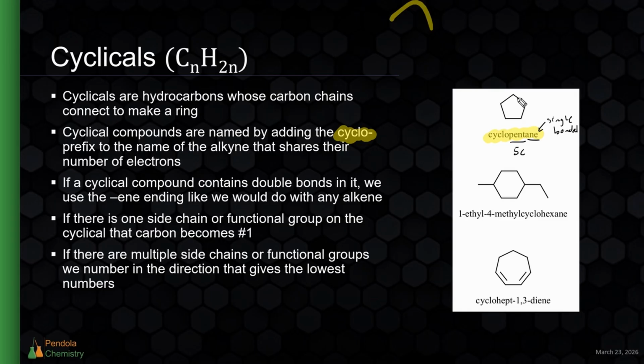So cyclopentane is just a 5 carbon ring. And cyclicals are kind of fun in the sense that if it's pentane, it's going to be in the shape of a pentagon. If it's cyclohexane, it's going to be in the shape of a hexagon. If it's cycloheptane, it's going to be in the shape of a heptagon. Since that's the number of carbons, it's also the number of vertices, which is what the shapes are named after. So cyclopentane, very simple.